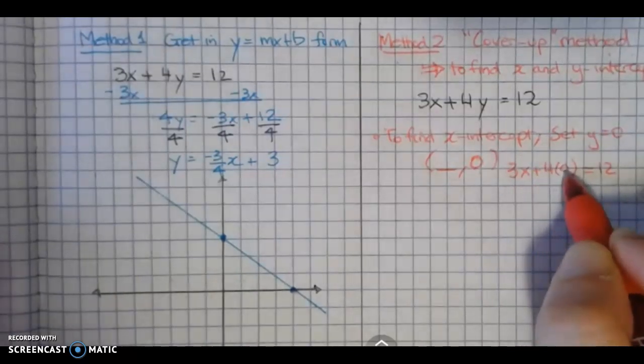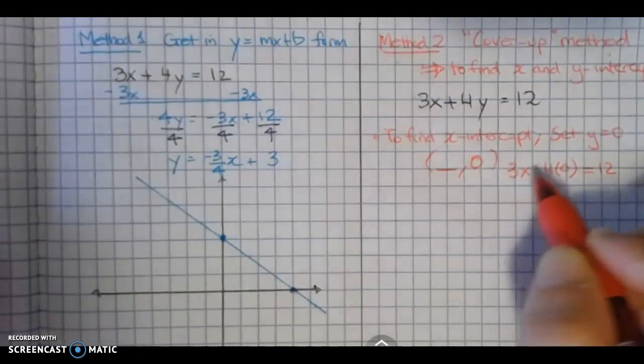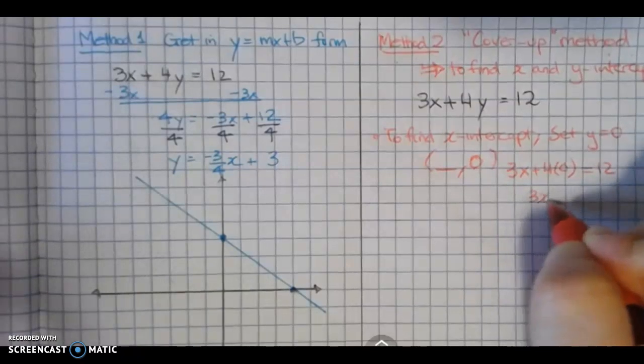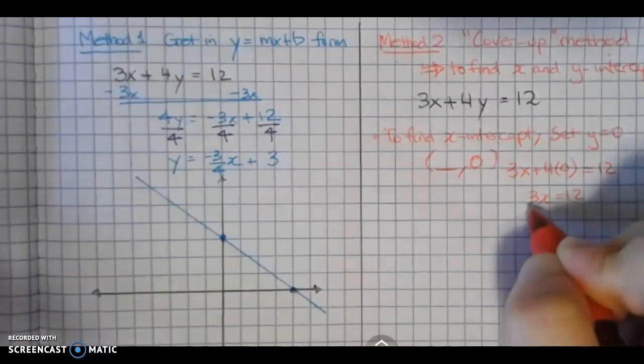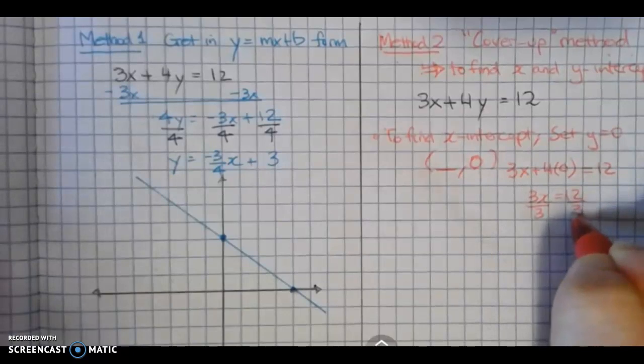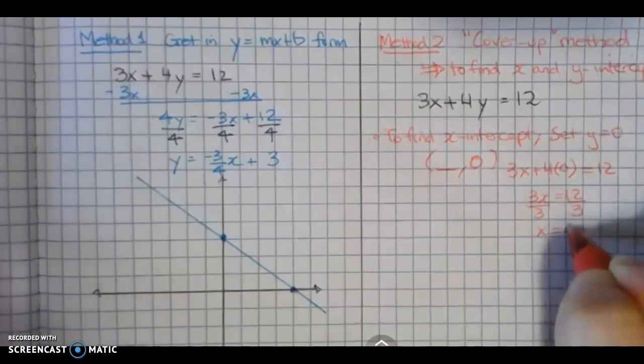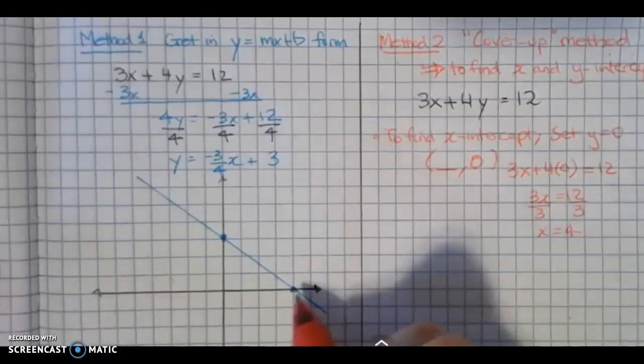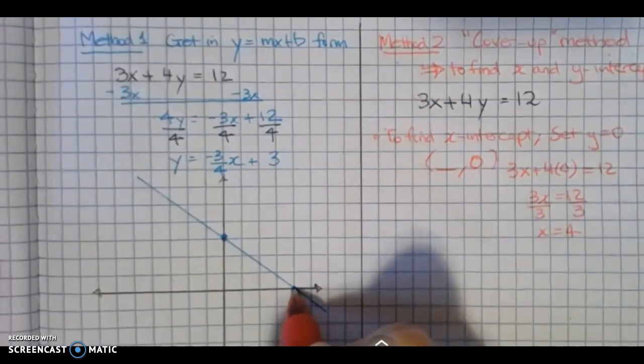Then 4 times 0 is just 0. So you are left with 3x is equal to 12. Dividing both sides by 3, you get x is 4. So I can put that point here.